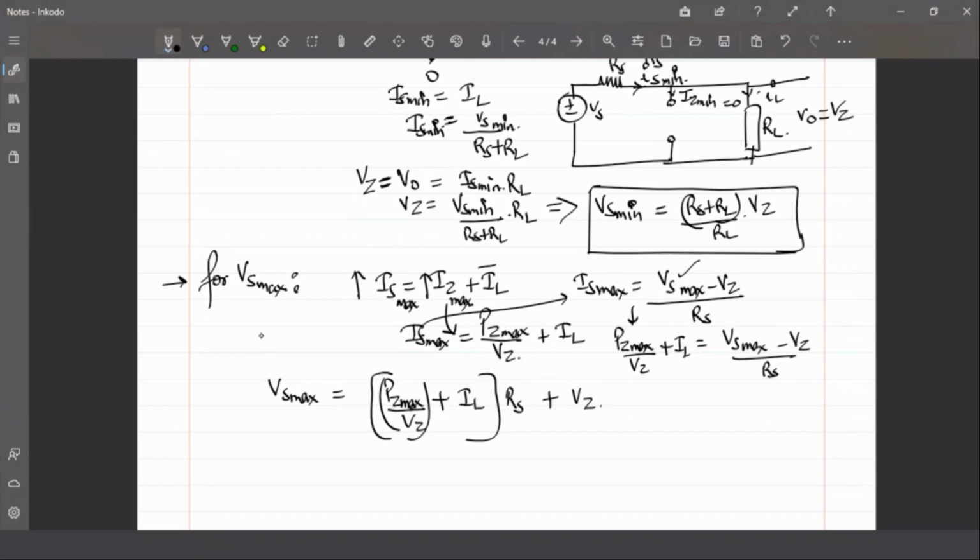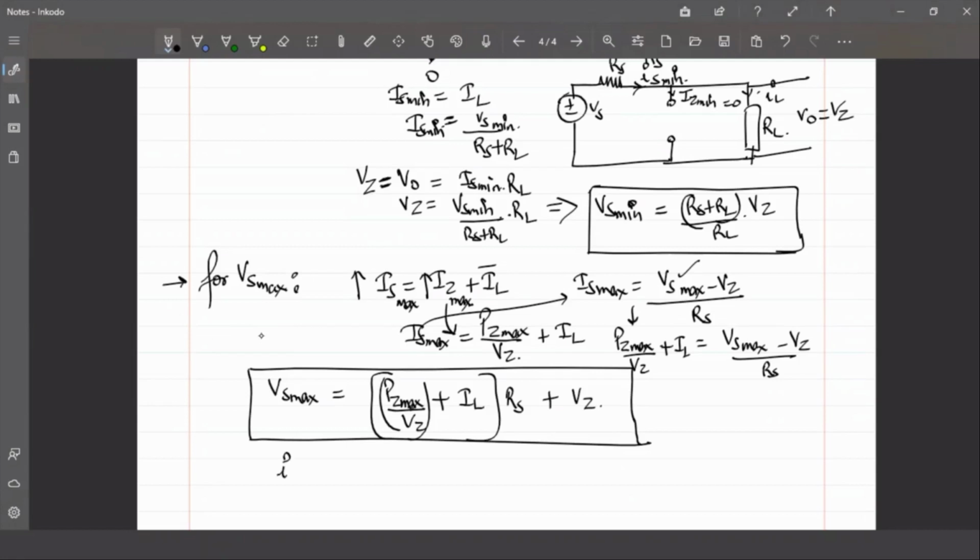So this is the peak, or maximum value, of the source voltage, beyond which the device will fall out of the breakdown condition. Or you can say the Zener diode current will be more than its rated value and the device may actually fail and burn up.